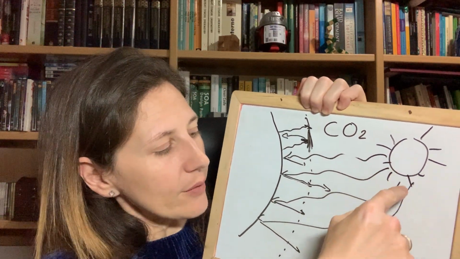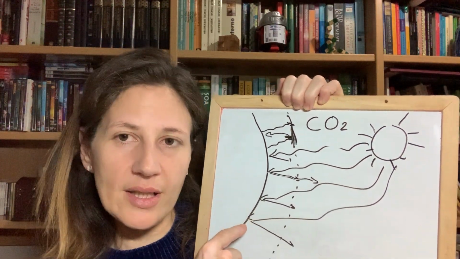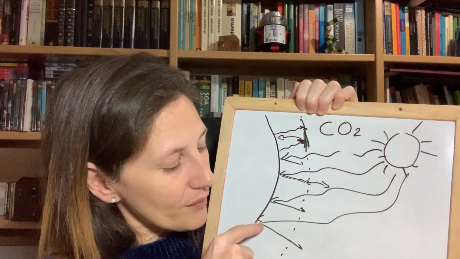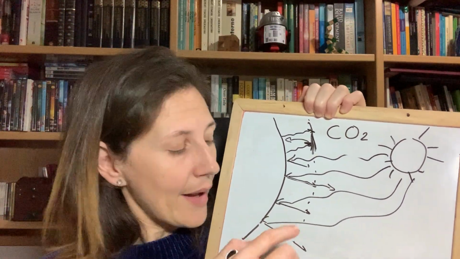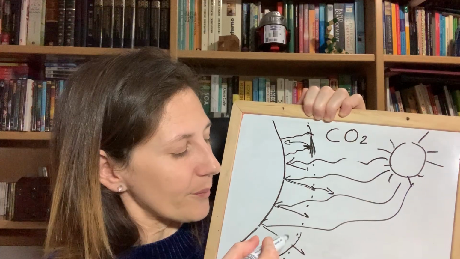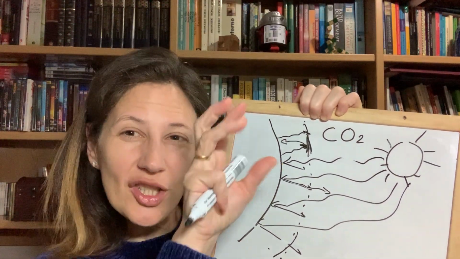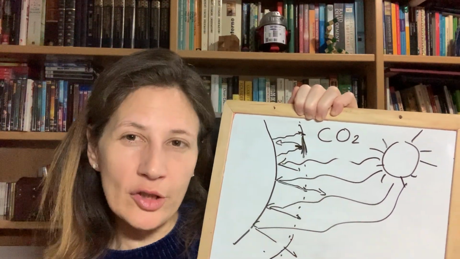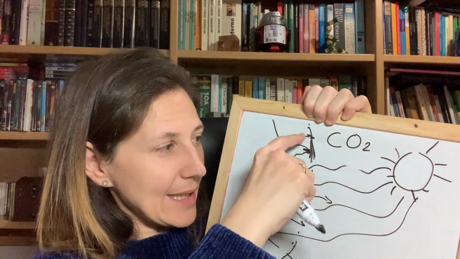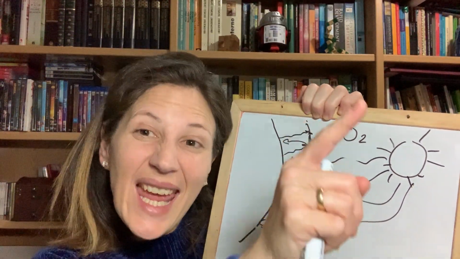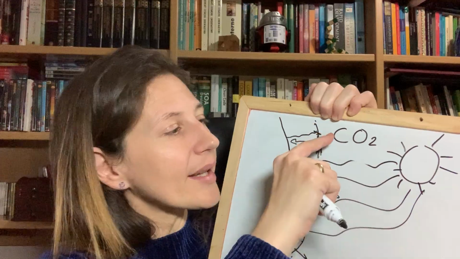So when the rays from the sun come to the surface on the earth and they try to be rebooted out, they can't trespass the atmosphere because they are trapped by the carbon dioxide. As the heat is here and it can't escape, that's the reason why the temperature is increasing. This is what we call the global warming.